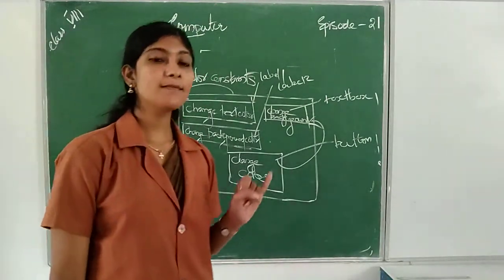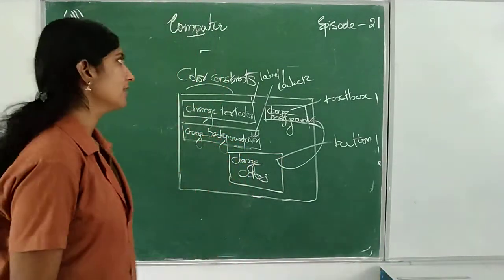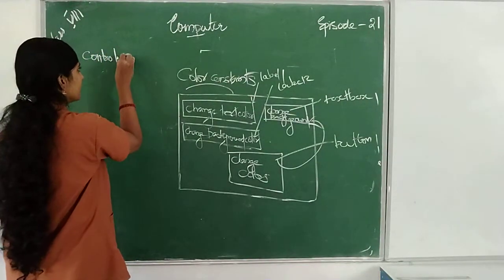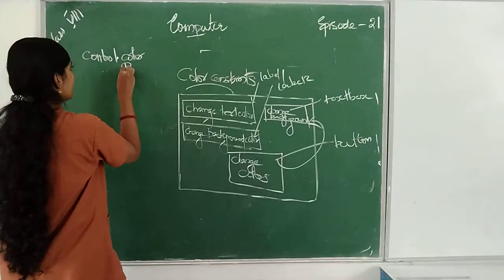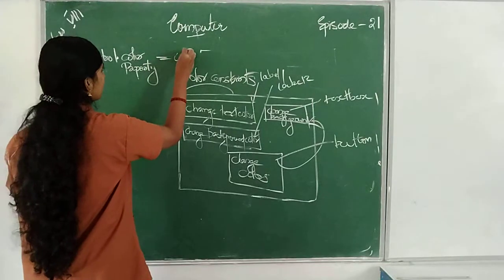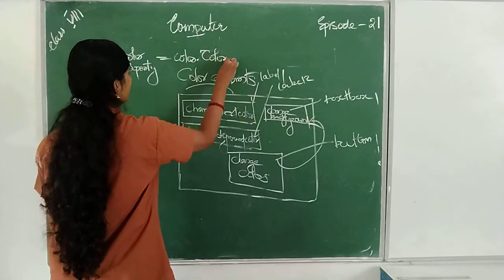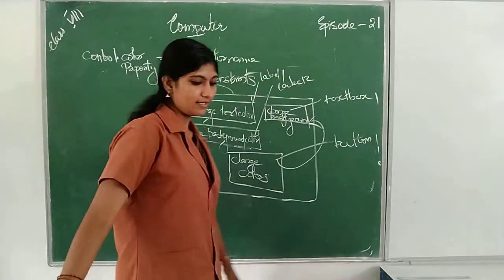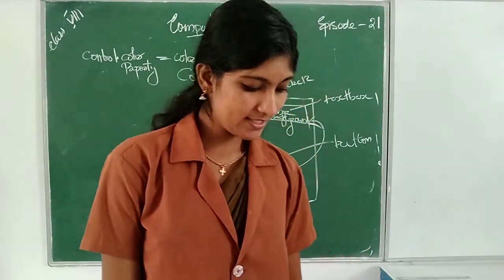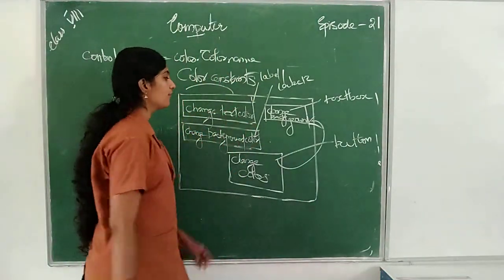Control dot. Here we need to change the color into red color, so we need to change the foreground color. Foreground color means font color.